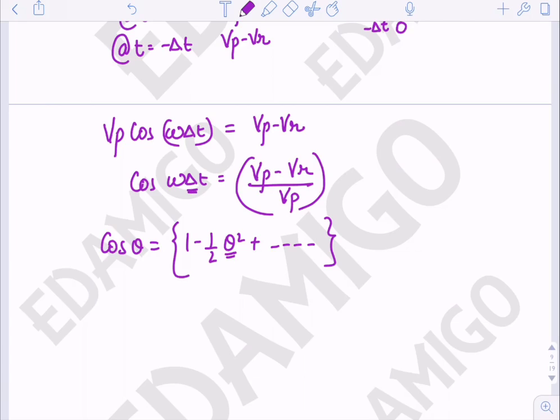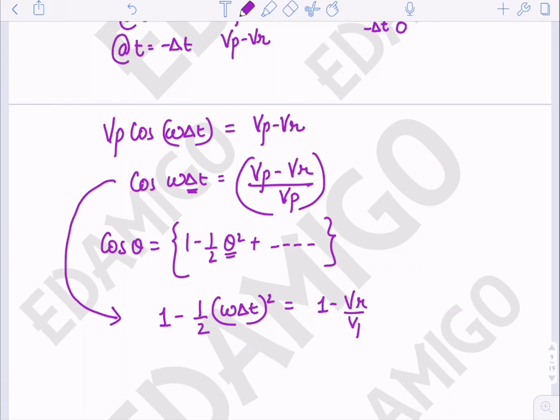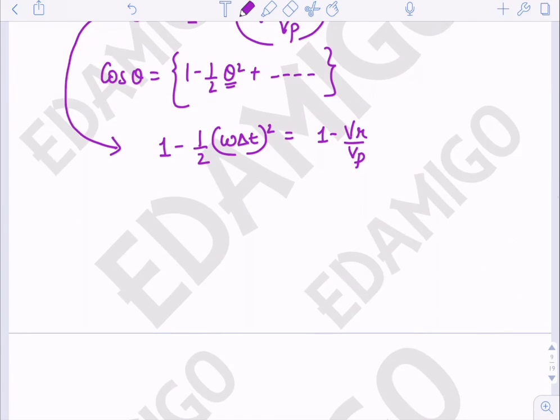So here delta t will be very small, so this can be approximated as 1 minus 1 upon 2 omega delta t whole square is equal to 1 minus Vr upon Vp. So from here we can see that omega delta t will be equal to the square root of 2 times Vr upon Vp. So this is your value of omega delta t.